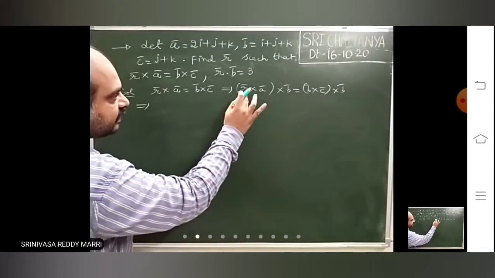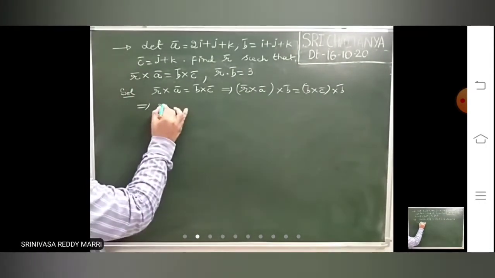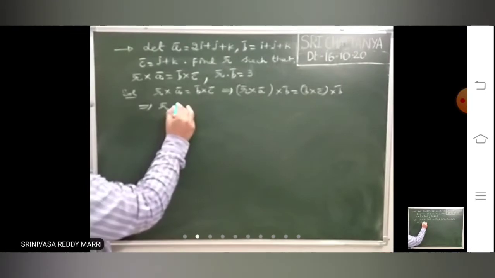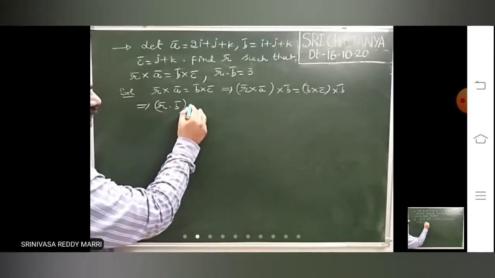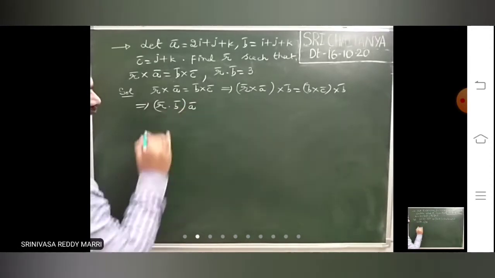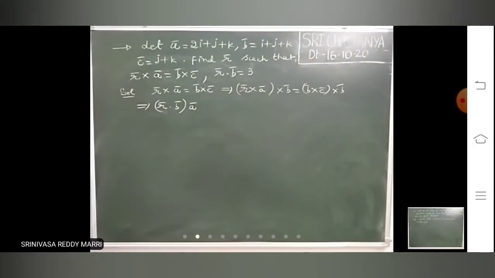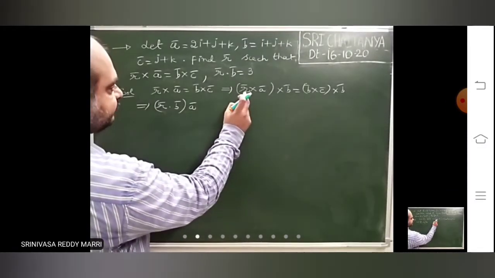Cross B bar. This I have done, cross product with B bar on both sides. So if you write the formula A cross B cross C, what is this formula?